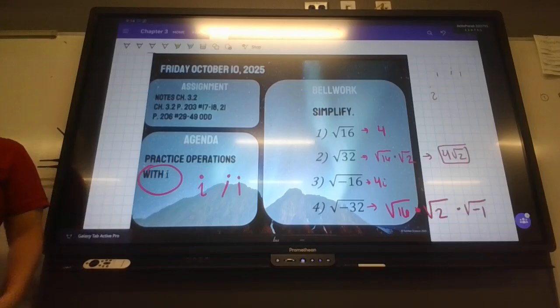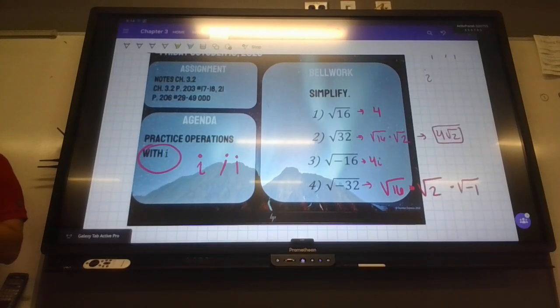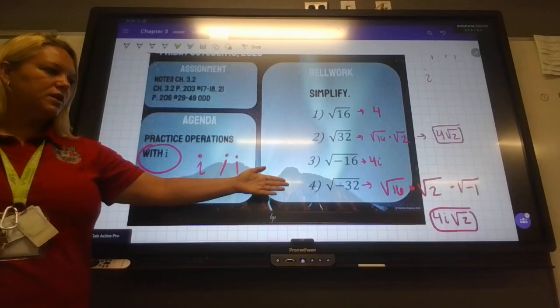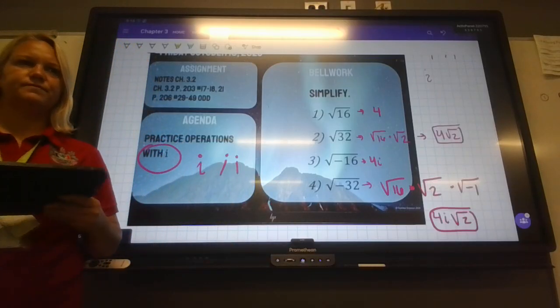But you are supposed to justify and prove that you know where that came from in that calculator. So this is 4i squared 2, yeah. So if you can do 2, you can do 4. Just put an i with it, you know? Long story short.